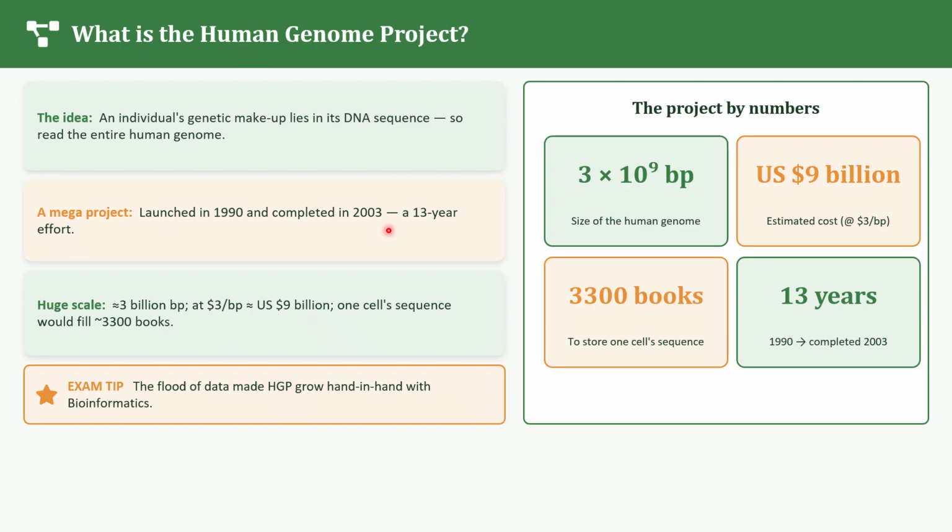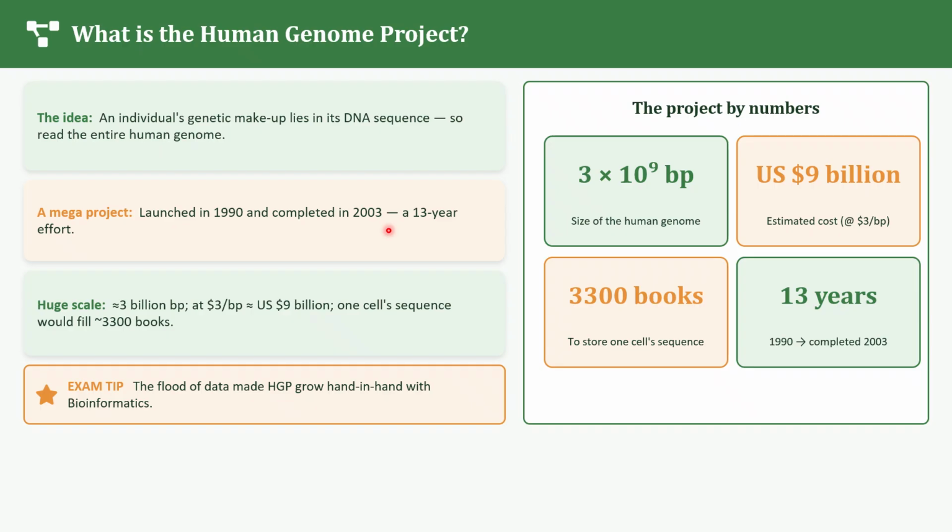The project was coordinated mainly by the US Department of Energy and the National Institutes of Health. The Wellcome Trust of the UK was also an important partner, along with contributions from countries such as Japan, France, Germany and China.